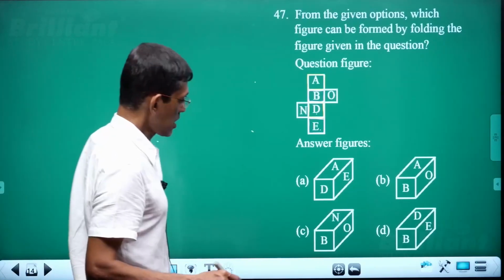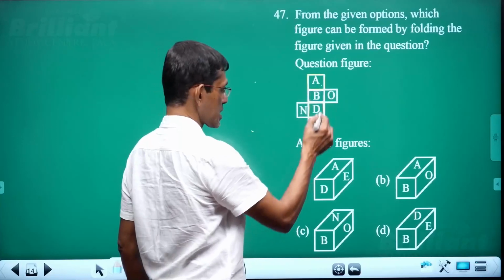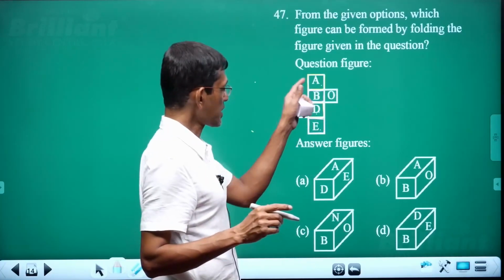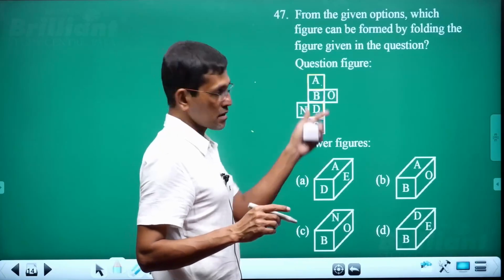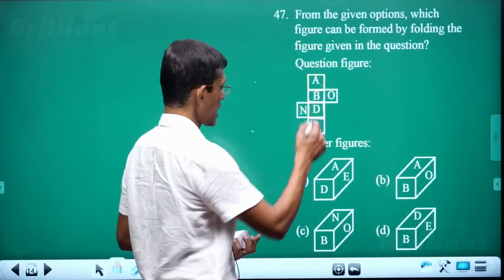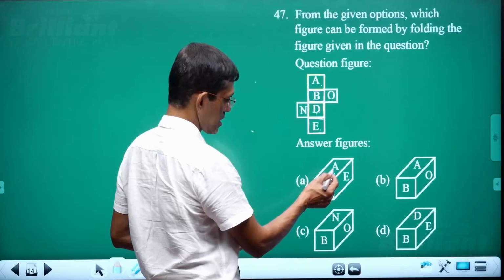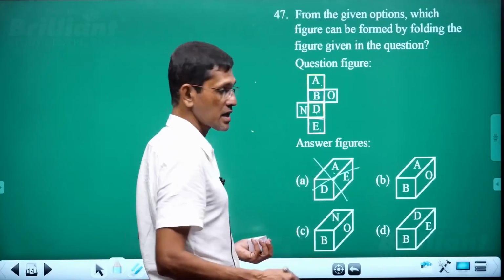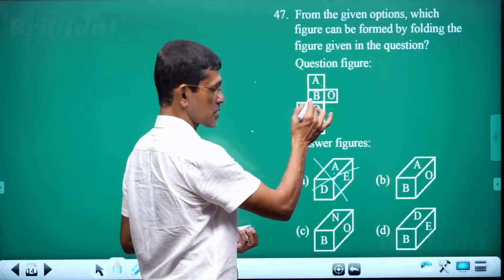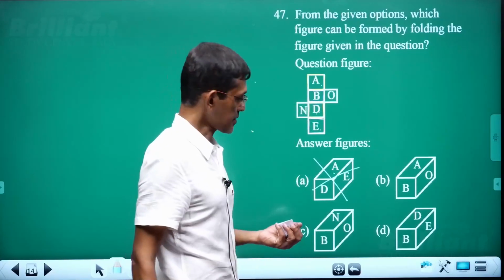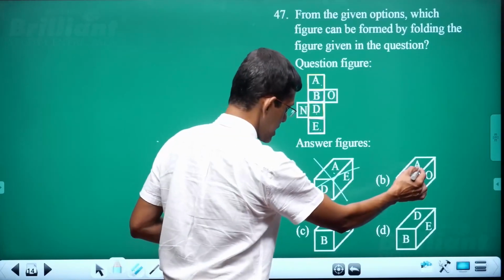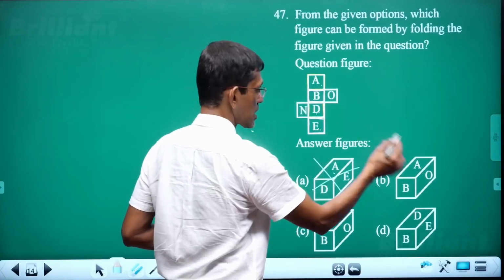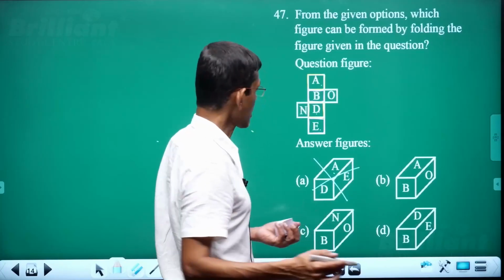Try this. A and D must be opposite, right? When we form a figure using this, A and D must be opposite. Look at this answer: A and D are adjacent. So that cannot be the figure formed from this open dice. And how about this case? A and B are adjacent, perfectly all right. A and O are adjacent, perfectly all right.